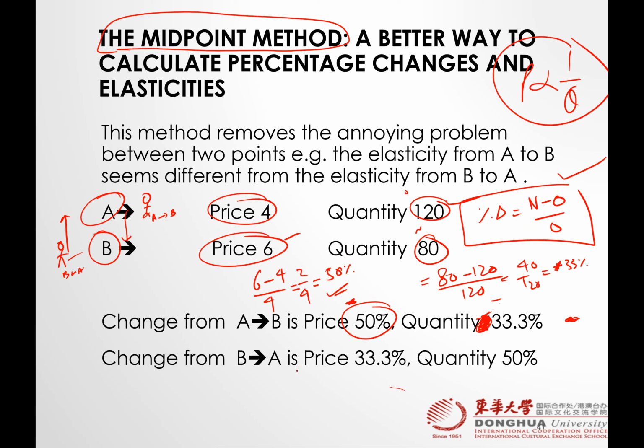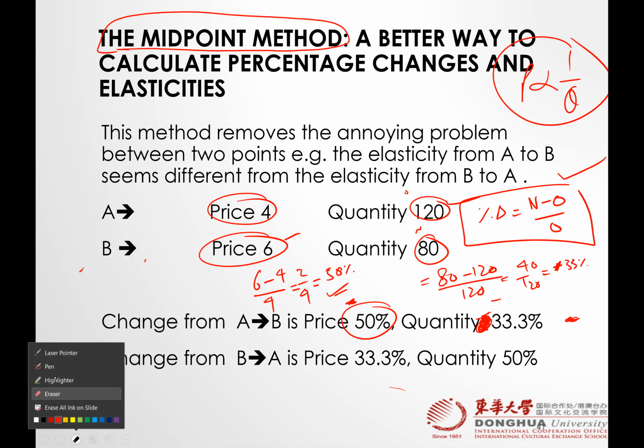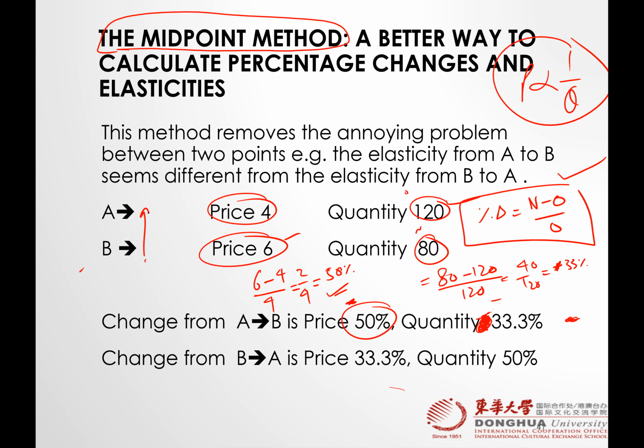If you see B to A, it's too much mess here, let me just delete. So if we go from B to A, B to A would be our new point and B would be our old point.